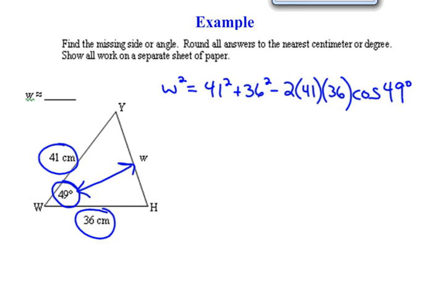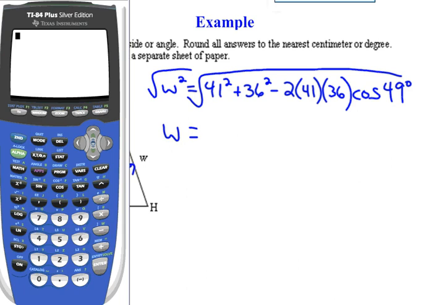So now to solve for W, we have to take the square root of both sides. The square root of W squared is W, and then we can plug all of this into the calculator to find out what W equals. So we have the square root of 41 squared plus 36 squared minus 2 times 41 times 36 times the cosine of 49 degrees.